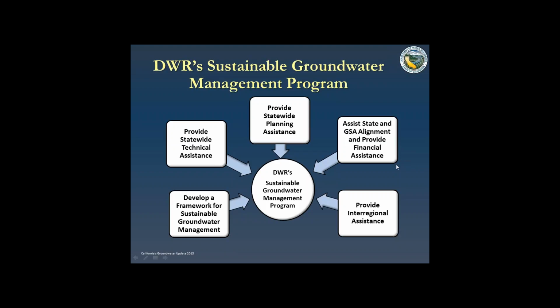We have some financial assistance for facilitation for folks trying to form their GSAs and develop GSPs, and we'll also be working to provide funding that has been provided by Prop 1. And then interregional assistance is really doing some of the other studies we have to do, such as looking at the surface water supply that's available for groundwater replenishment.